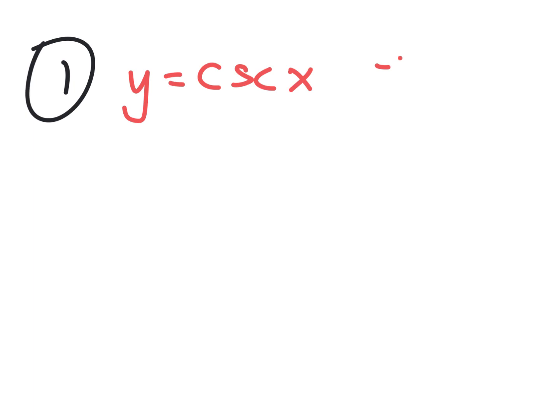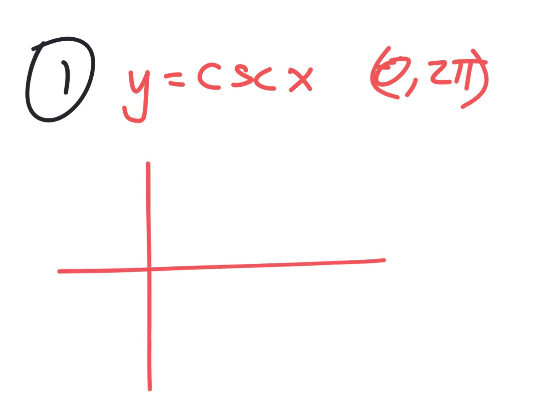So is it cosecant between 0 and 2 pi? Yeah. Okay, thank you. All right, so here's cosecant. Psych, I'm not gonna even start with cosecant, I'm gonna start with sine. And then I label all the things. Number 1 is tangent?